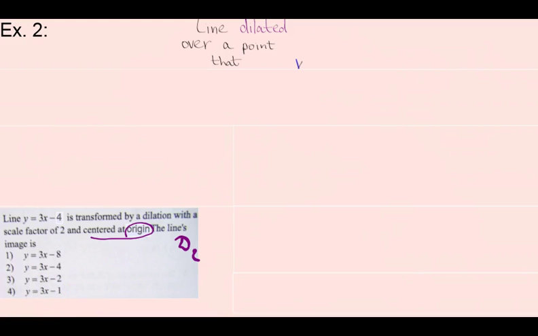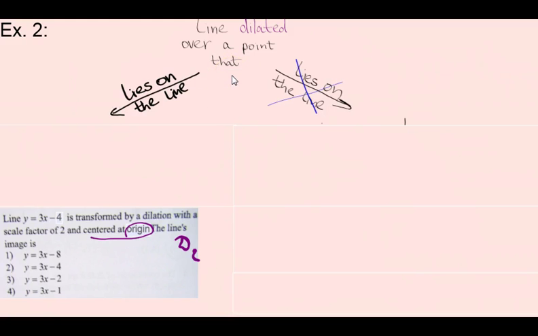So the first thing to understand is whether or not the center of dilation, the origin in our case, actually lies on the original line. For that, we recall that the origin coordinates are (0, 0), and we can use them to see if we make the equation true.